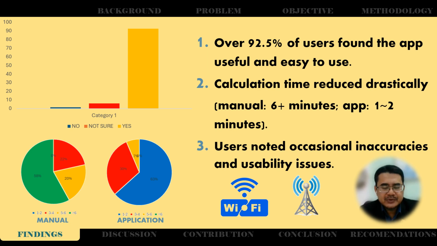But when you use the app, they don't need to know the calculation. Through the app, they just key in the credits and the estimated marks, so they know the estimated GPA or estimated PNM in just about 1 or 2 minutes. That will give a lot of time savings.